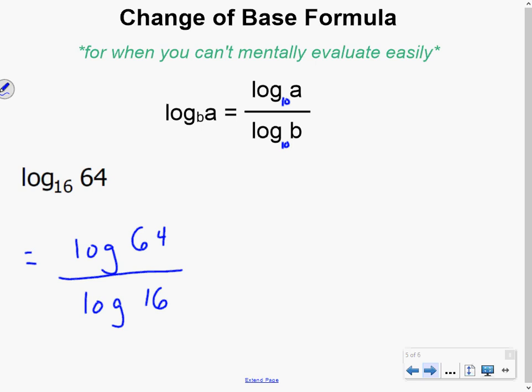If I do this in my calculator, it is going to tell me what power I need to raise 16 to equal 64. So when we punch that in, it gives us 1.5, which tells me 16 to the 1.5 power is equal to 64.